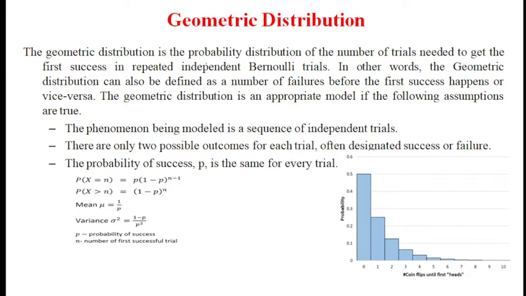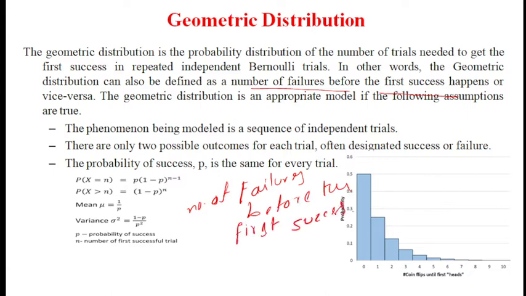This geometric distribution is talking about the number of failures before the first success happened.